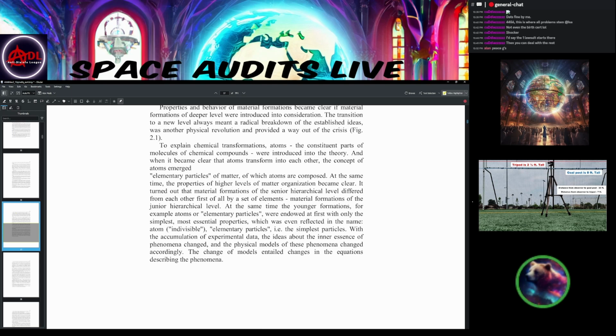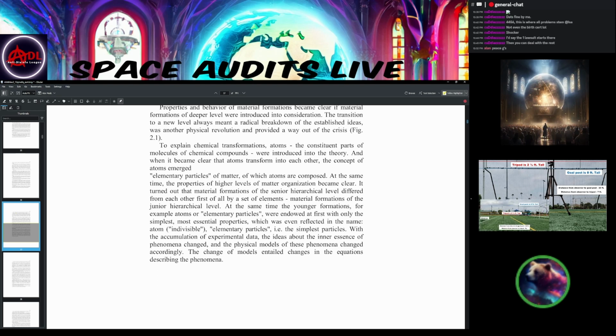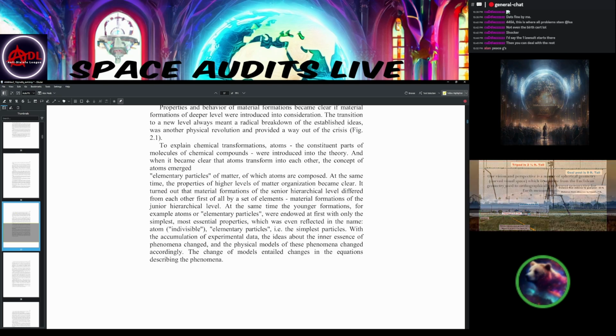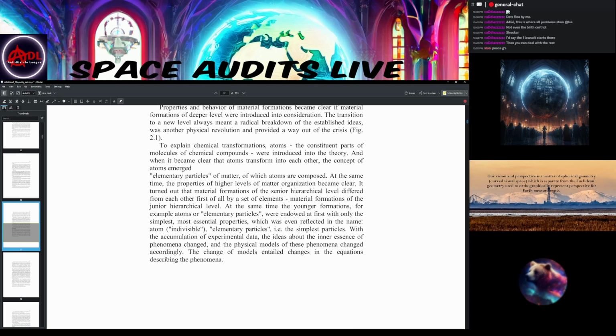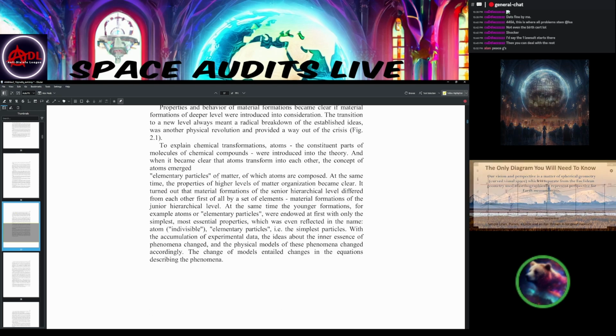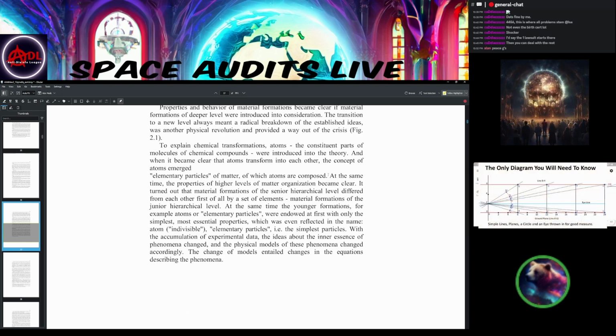To explain the chemical transformations, atoms, the constituent parts of molecules and chemical compounds, were introduced into the theory. And when it became clear that atoms transformed into each other, the concept emerged of elementary particles of matter of which atoms were composed.